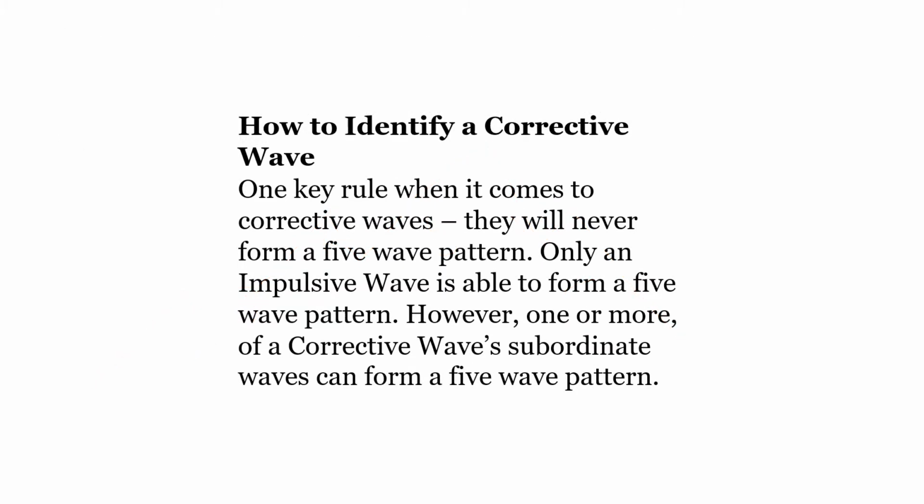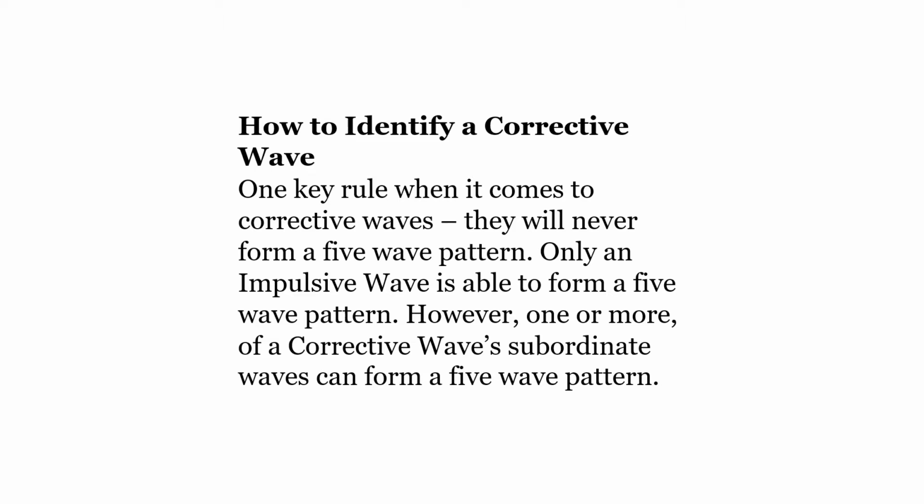Unlike impulsive waves, which are relatively simple to identify, corrective waves are much harder to spot. There is, however, one key rule when it comes to corrective waves, and that is they will never form a 5-wave pattern. Only an impulsive wave is able to form a 5-wave pattern.